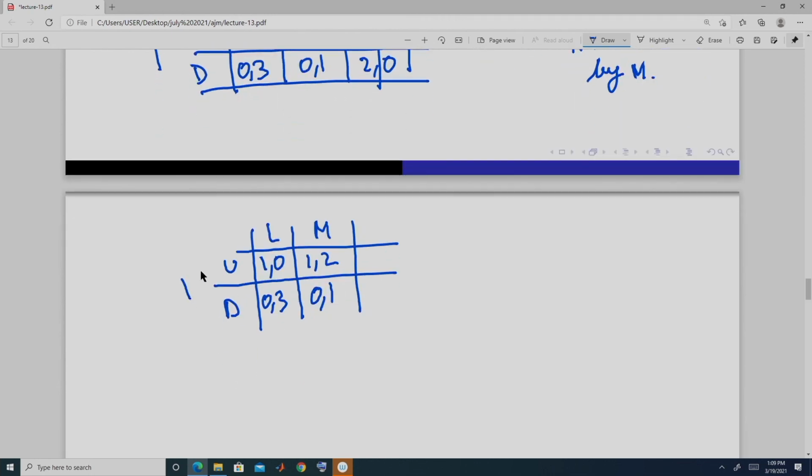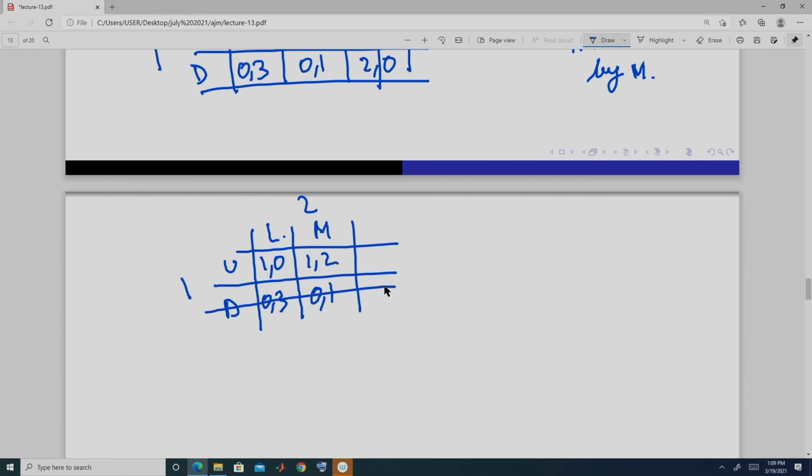Now, if you compare for player 2 again, L 0, M 2, this is greater than this, but here 3, 1, so this is greater. So, player 2 cannot decide whether this is dominating this or this is dominating this. But for player 1, it knows U 1, 1 and D 0, 0.